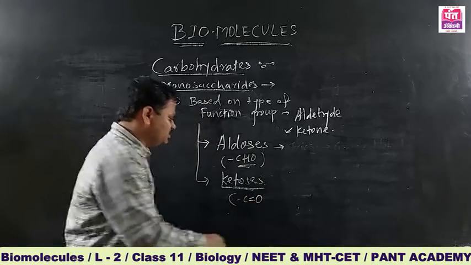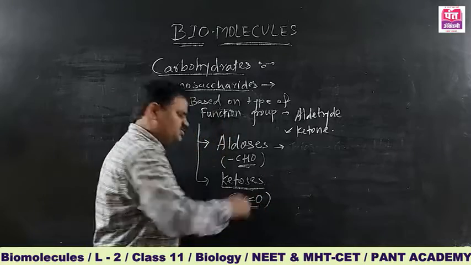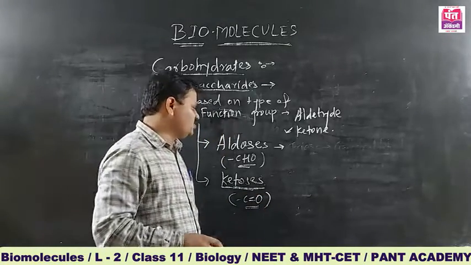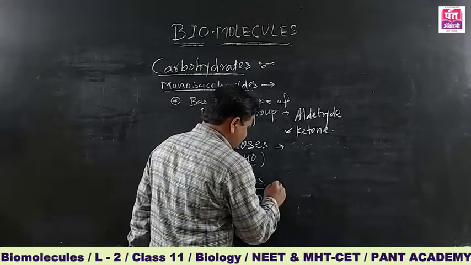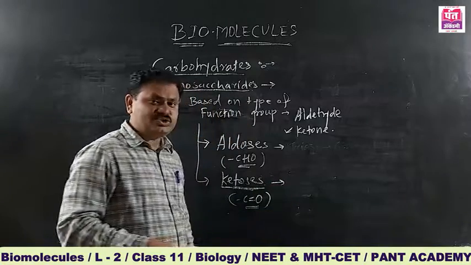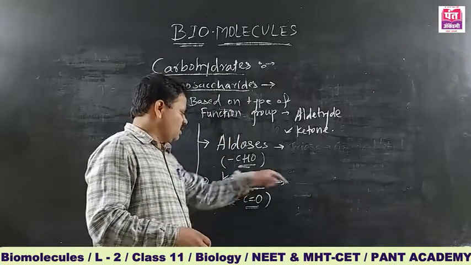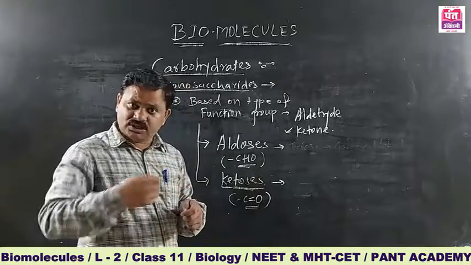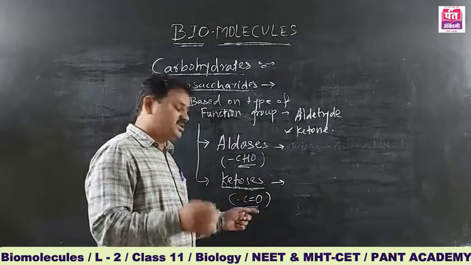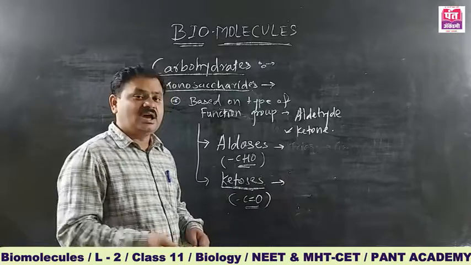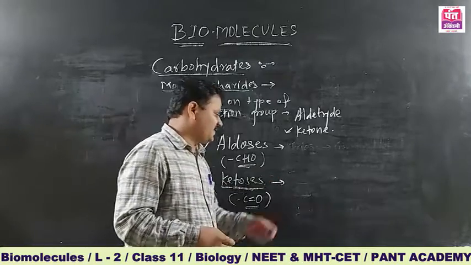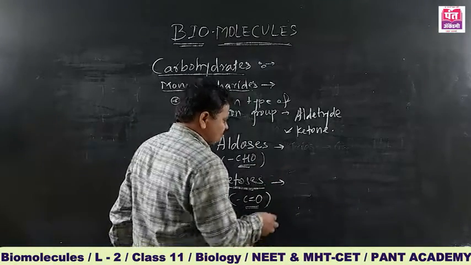These ketoses can also be subclassified based on the number of carbon atoms present, and therefore we can classify them like the aldoses.